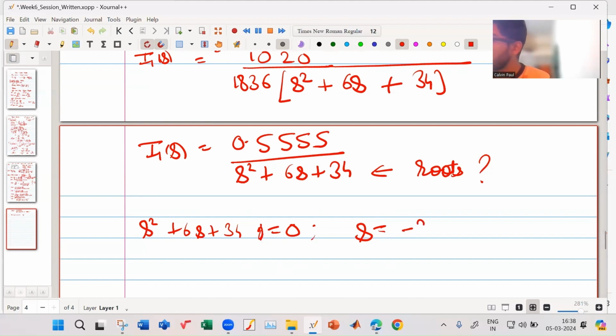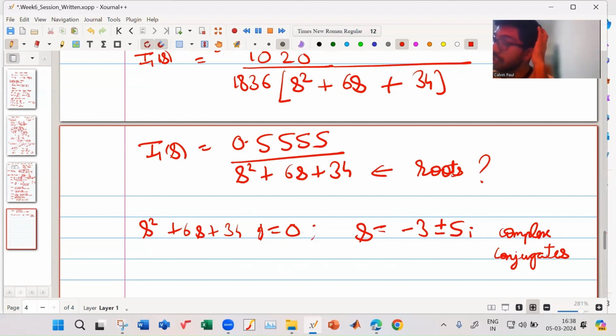You will get minus 3 plus or minus 5i. These are the two roots. These are complex conjugates.